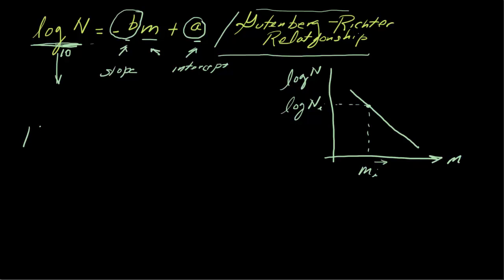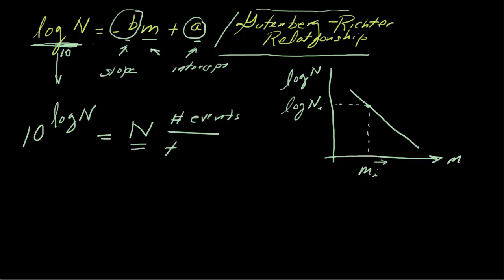So it's the power that we raise the base 10 to in order to get n. So if we solve this equation for the log of n, then all we need to do is raise 10 to the log of n power in order to figure out what n is. And this is usually a number of events for some time interval.